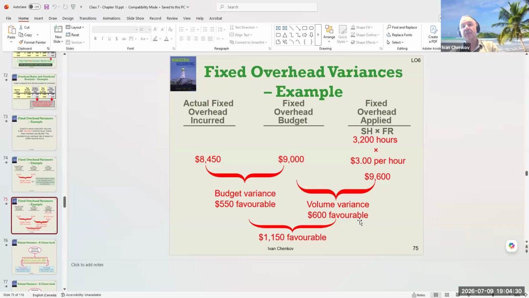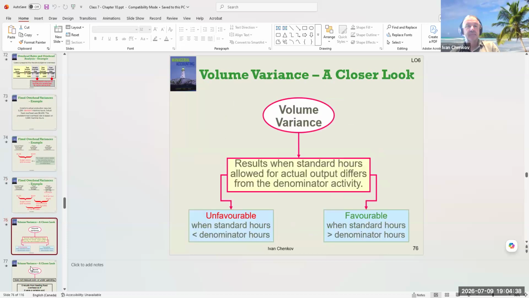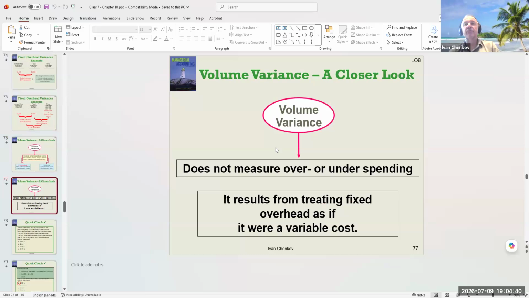We have a favorable variance because we're not utilizing the 3,200 hours that we have. We're using only 3,000 hours. The volume variance is the only variance that doesn't measure overspending or underspending. It just treats overhead as a variable cost. We want to understand how well we are utilizing our capacity.